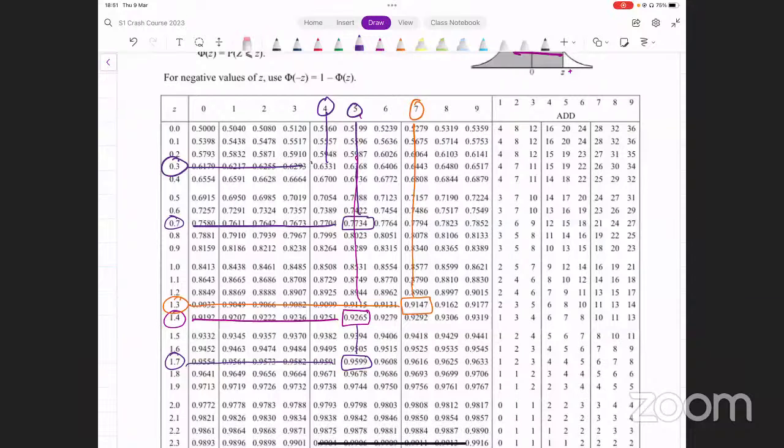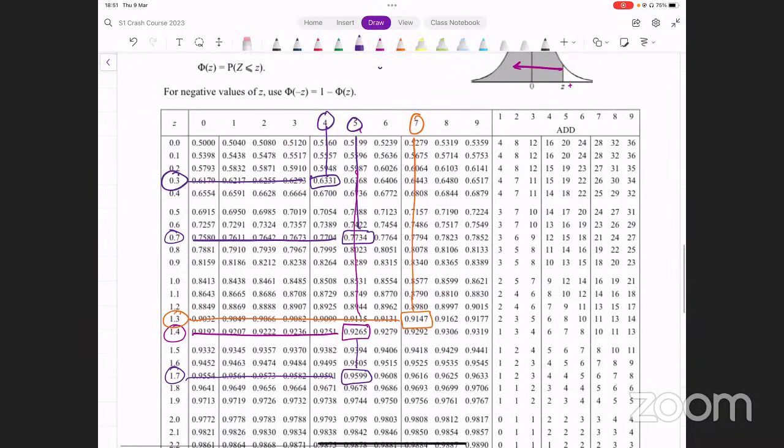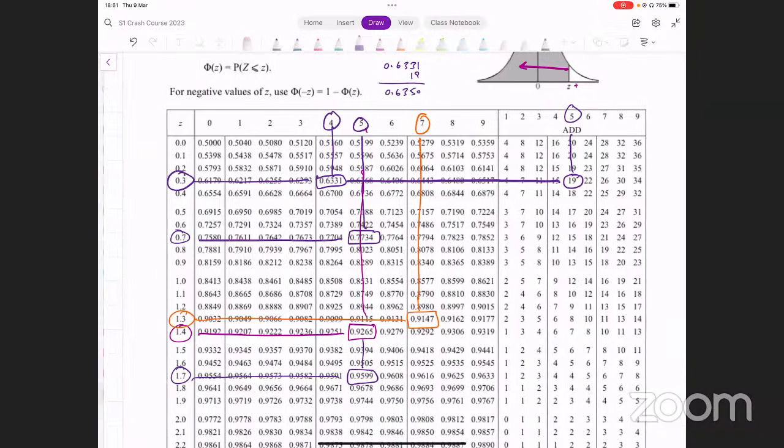That gives us 0.6331. But then you have 5 as the third decimal place as well. That's here. You go all the way in this row. This gives you 19 here. So you add 19 to the end here, and that's going to give you 0.6350. So that's the probability that we have here.